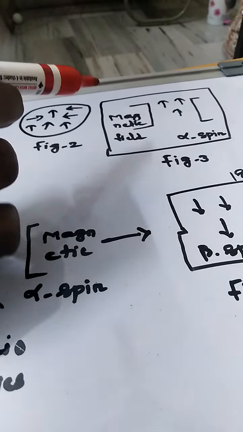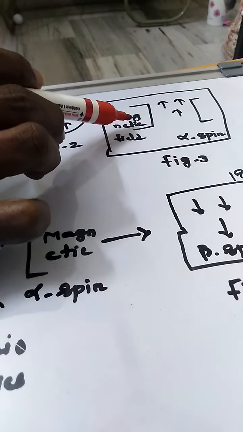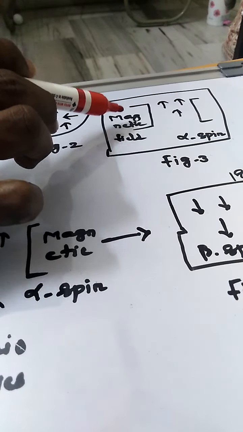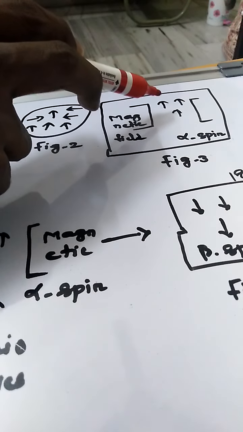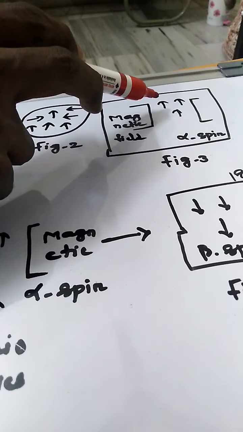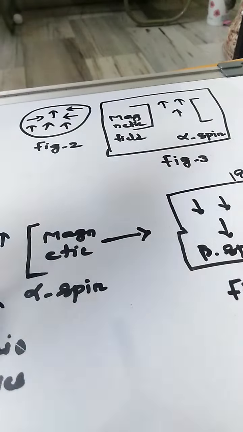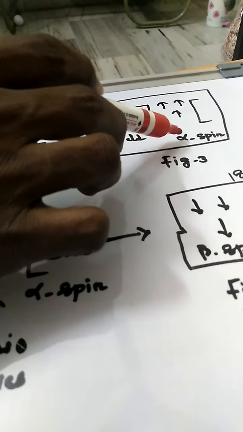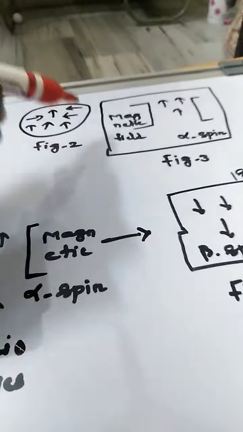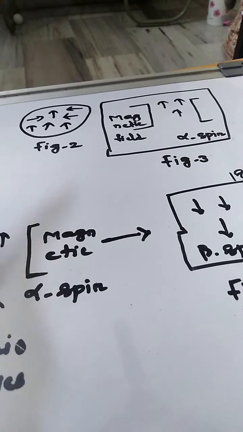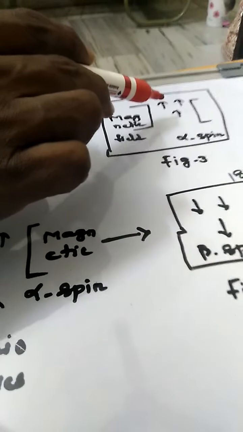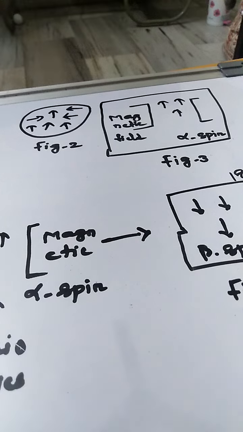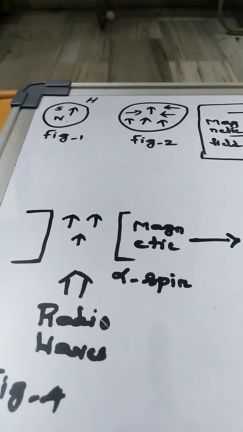We apply an external magnetic field which is strong enough to align all the nuclei in one particular direction, or in one particular spin state, that is called the alpha spin state. It is just for understanding that we have called this the alpha spin state. Now all these nuclei are aligned in one particular direction, that is, they are in the alpha spin state. And now comes the concept of radio waves.